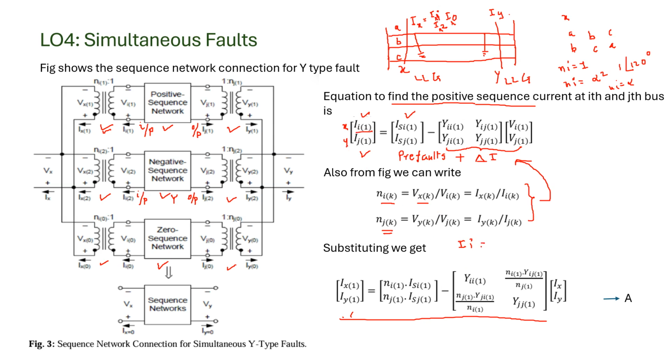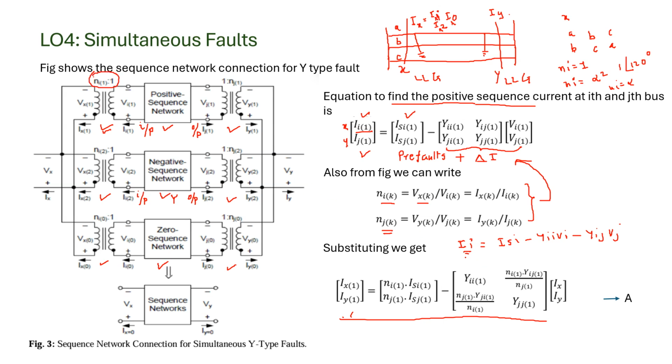Ii equal to Isi minus Yii Vi minus Yij Vj. Now you see here. Suppose we assume that the fault, now we have to take care of this transformation ratio.